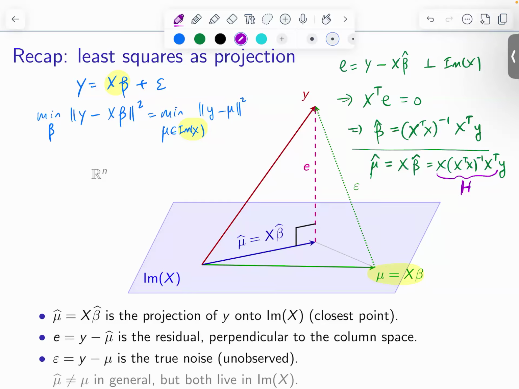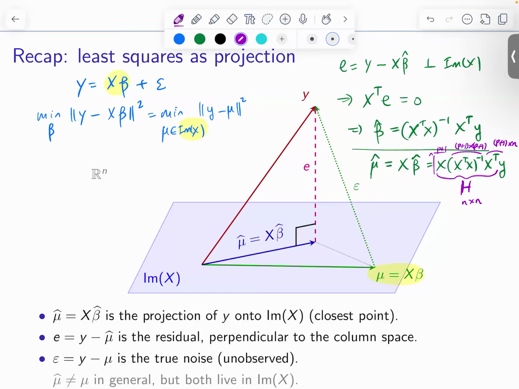So you might denote it as H. It's an n by n matrix. So X is n by p plus 1. The middle guy is p plus 1 by p plus 1. And X transpose is p plus 1 by n. So really, once you multiply out, it's n by n.